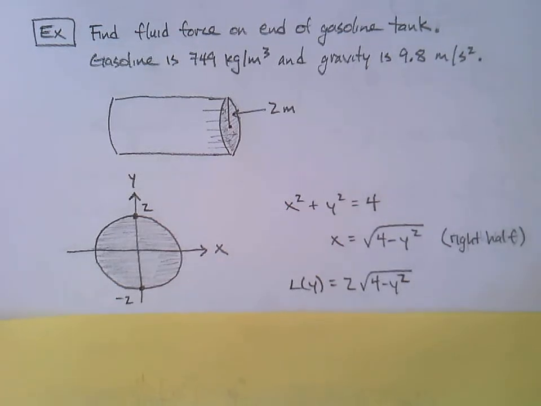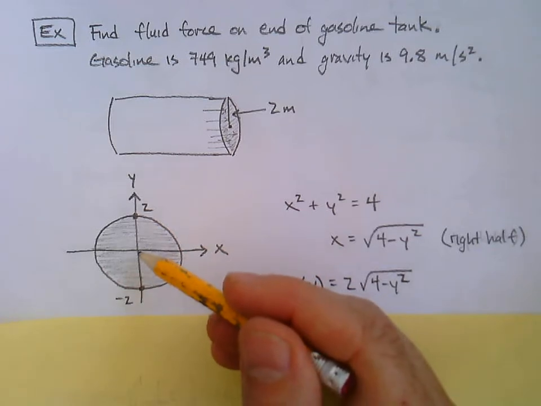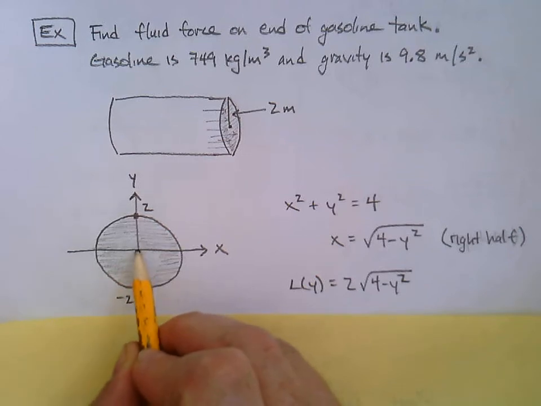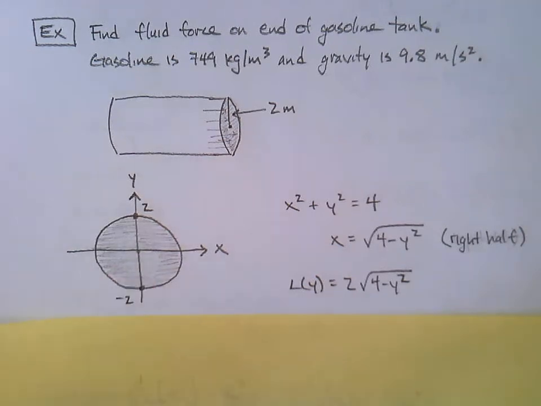You can certainly not take my advice. You could still make positive Y going down. You might kind of like that. I do recommend, though, that you make the center of the tank at the origin.